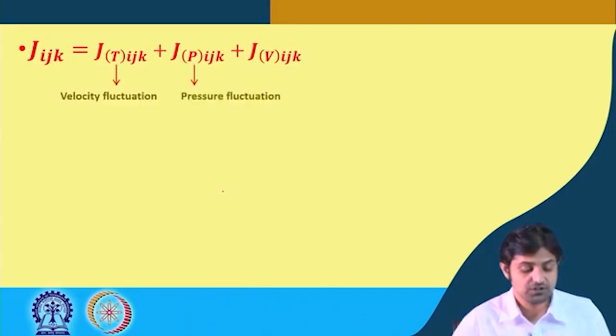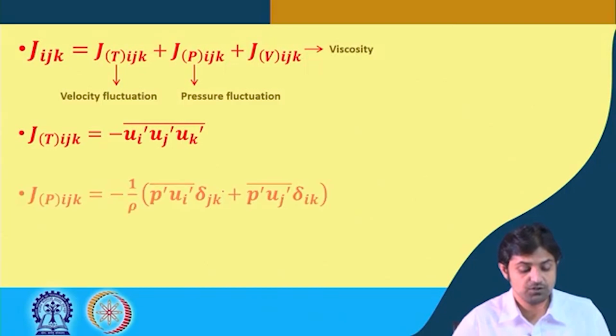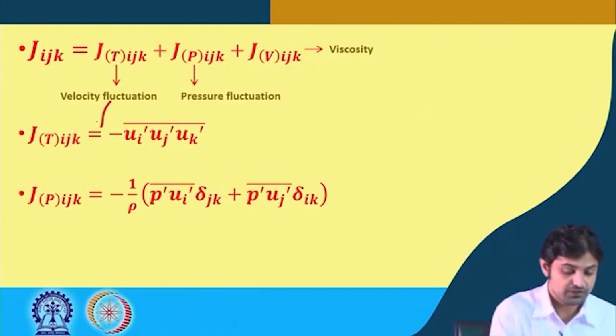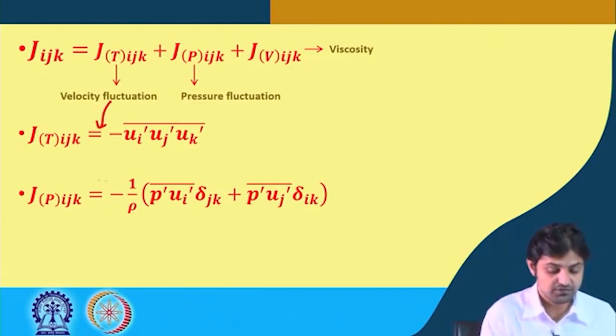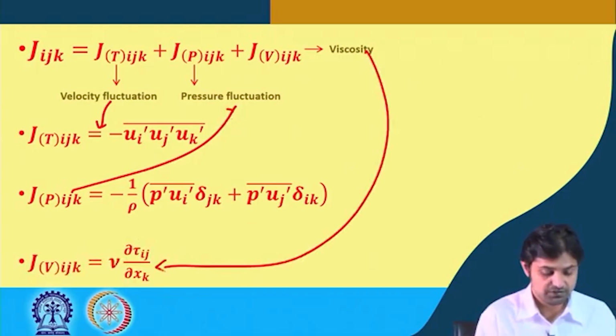This is velocity fluctuation, this is pressure fluctuation, and this is fluctuation due to the viscosity. Therefore, Jijk can also be written as ui prime, uj prime, and uk prime. You see, this velocity fluctuation is written like this, the pressure fluctuation is written like this, and viscosity fluctuation is written like this.